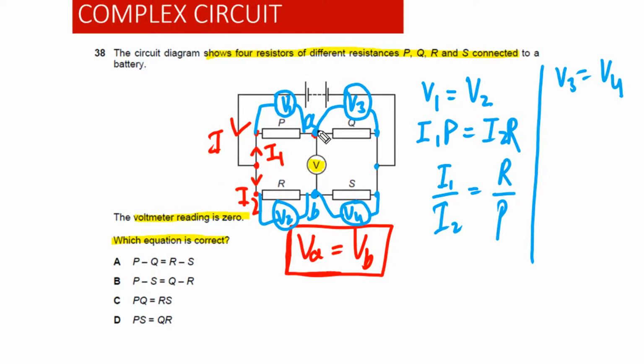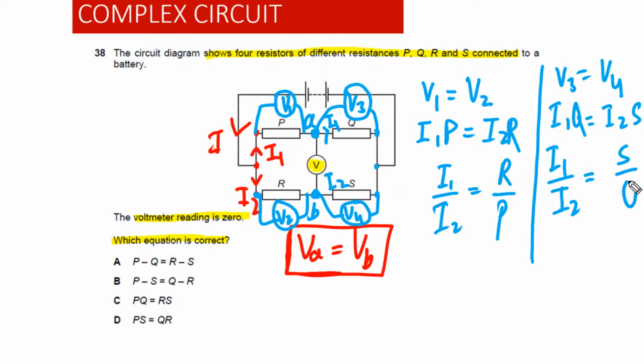As you can see, there is no potential difference between A and B. It means the same current I1 is passing through Q and the same current I2 is also passing through S. I2 means the same current through resistor R. So we can say I1 times Q is equal to I2 times S. From here we can rearrange and get I1 by I2, which will be equal to S over Q.